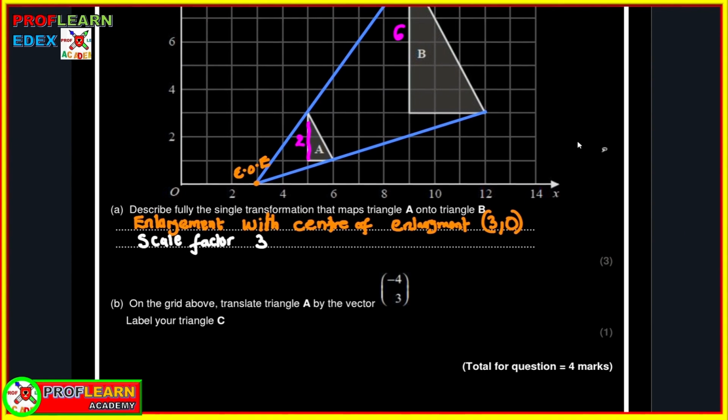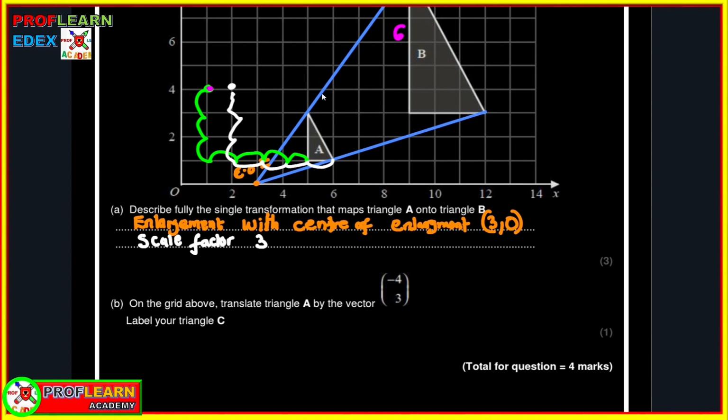On the grid above, translate triangle A by a translation vector. You move in the horizontal direction 4 steps backward, and then 3 steps up. You will be here. On this one, we move 4 steps backward, then 3 steps up.